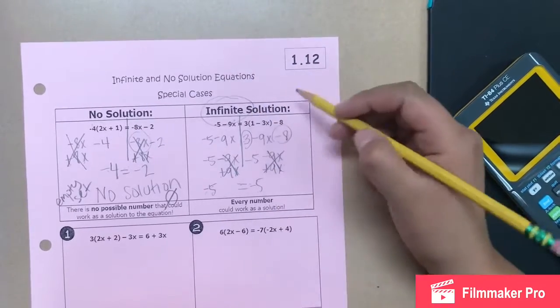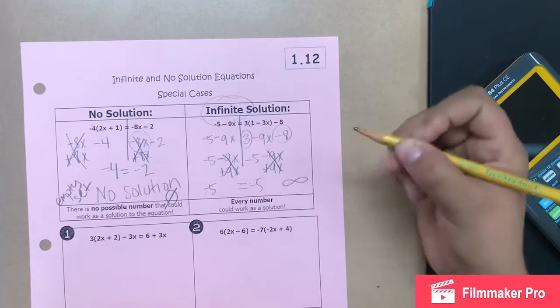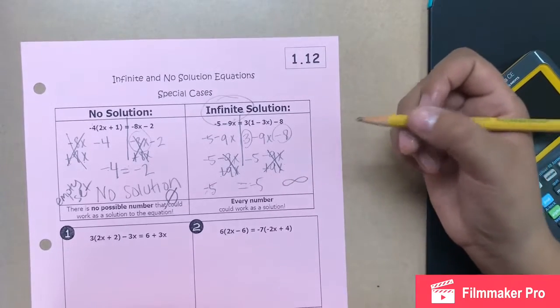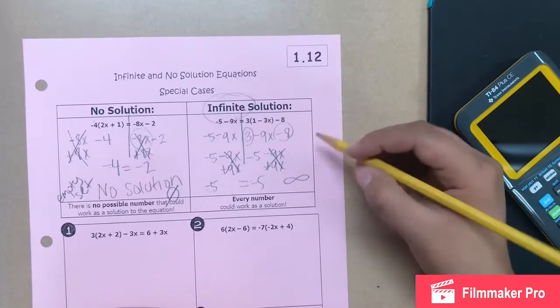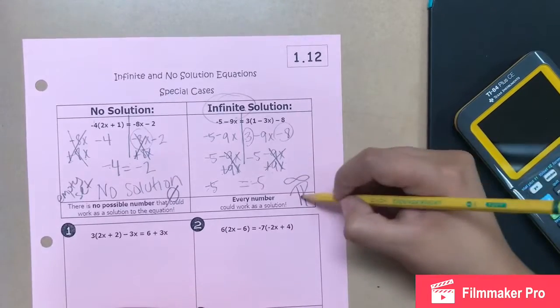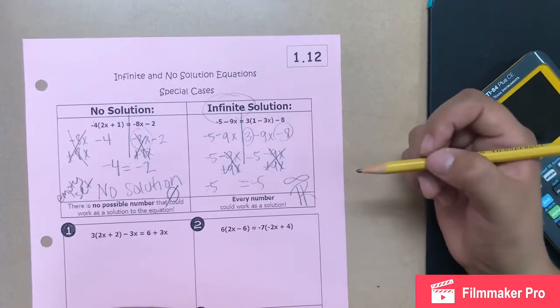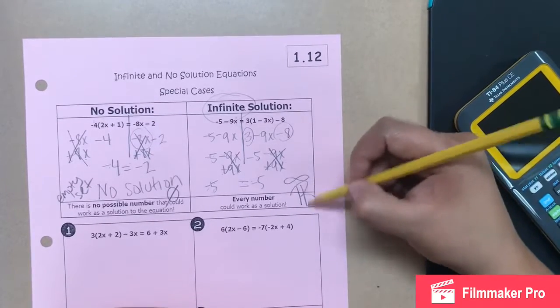So, infinite solutions. You could also see it written as the infinity symbol. The most common way that we see it in algebra is something called all reals. It looks like an R with a line through it. We call it a double R, even though it's only one R with a line through it. But this is all reals.